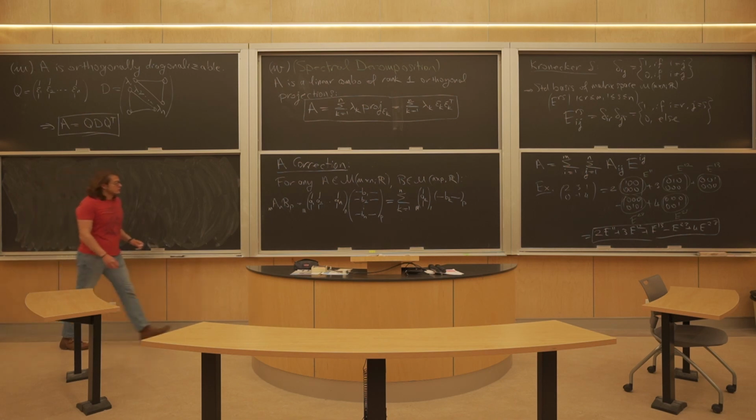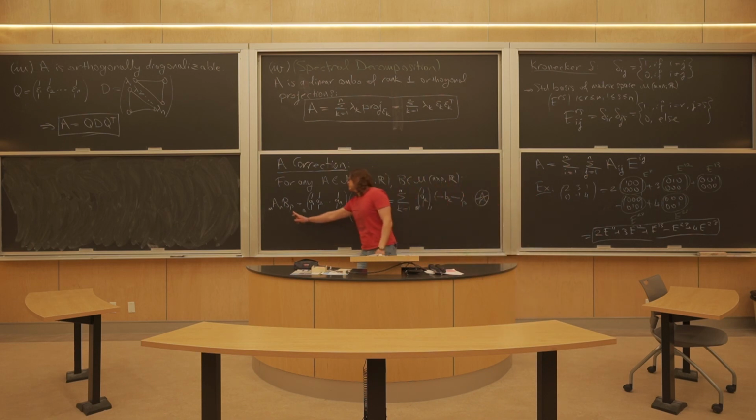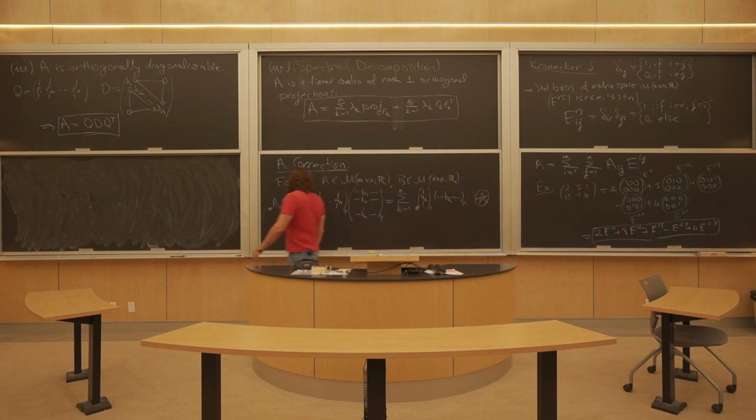So let's put here a star. I want to verify that I can split AB, the product, as a linear combination of the products of the kth column of the left one and the kth row of the right one.